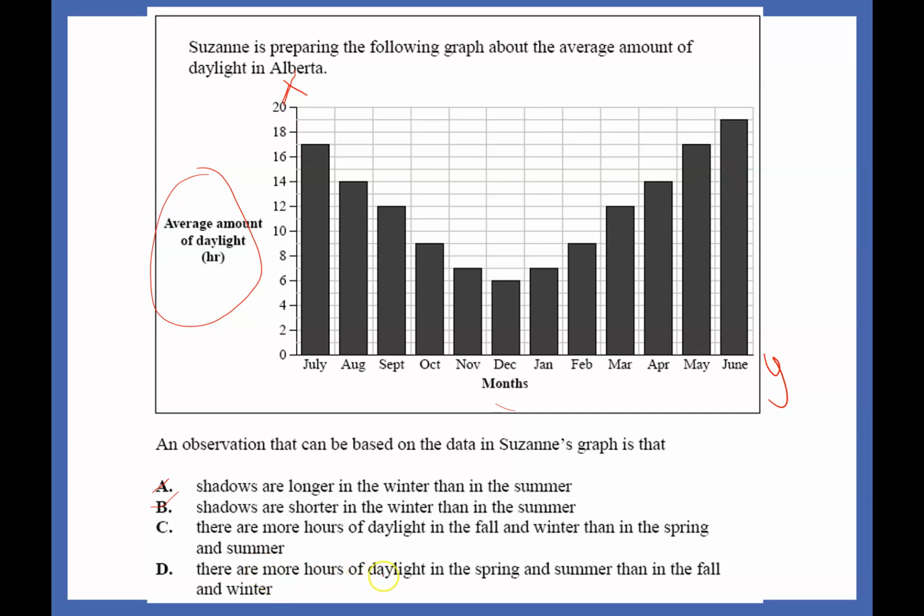Or D, there are more hours of daylight in the spring and summer than in the fall and winter. And spring and summer is like March to August. So the answer is D, because if you look at all of these months, April, May, June, July, August, way longer hours of daylight in the spring and summer than in fall and winter.